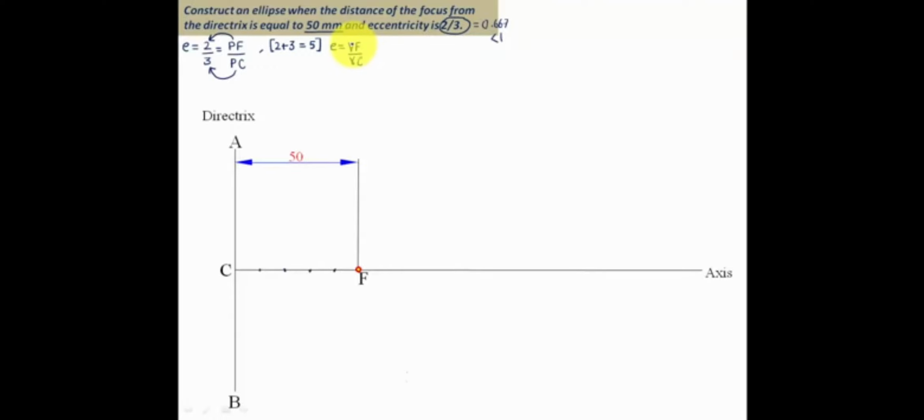The vertex V is placed between C and F. So VF equals 2, VC equals 3. VF means focus, that is 2, divided by VC, which is 3.